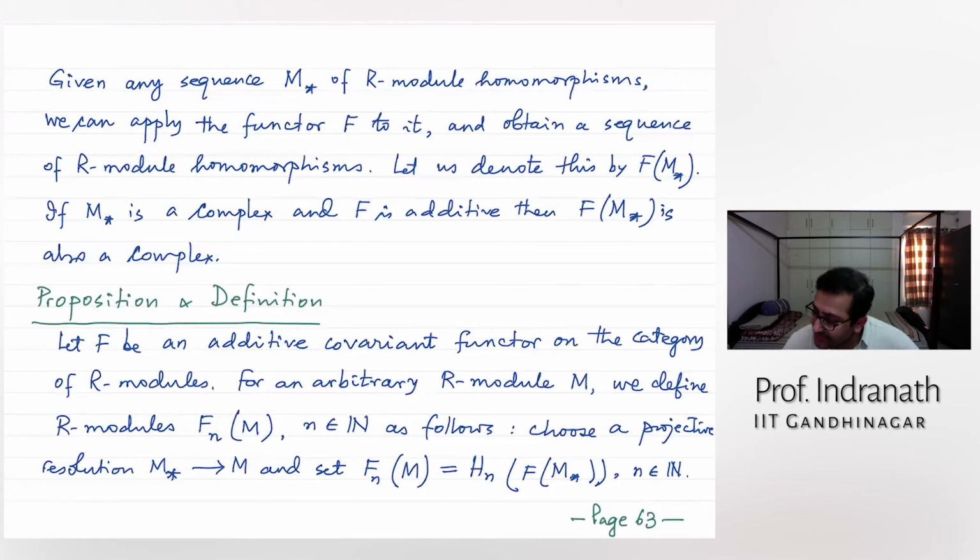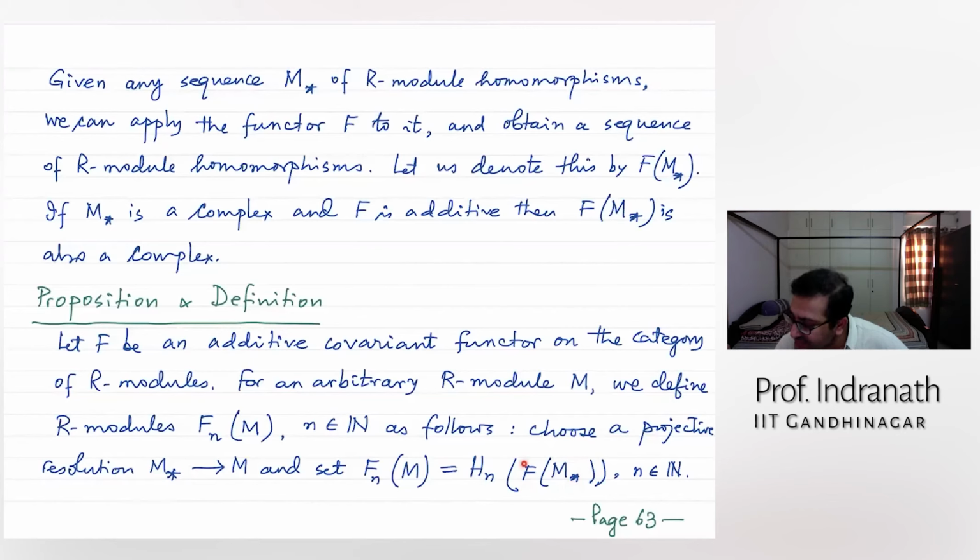Now we come to this definition cum proposition. If F is an additive covariant functor on the category of R modules, then for any arbitrary R module M, we define the modules F_n M. How? We choose a projective resolution M star of M, and then apply F to that. The resolution may not remain a resolution, because the functor is not necessarily exact, but you definitely get a complex out of it.